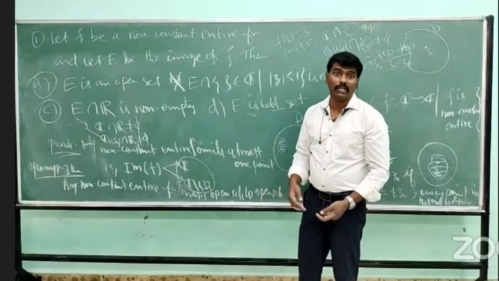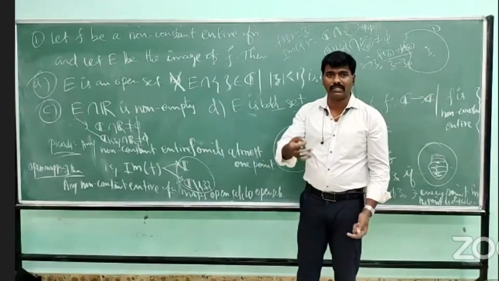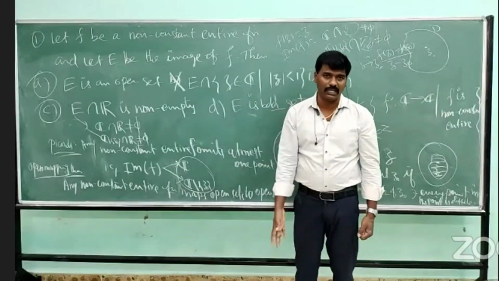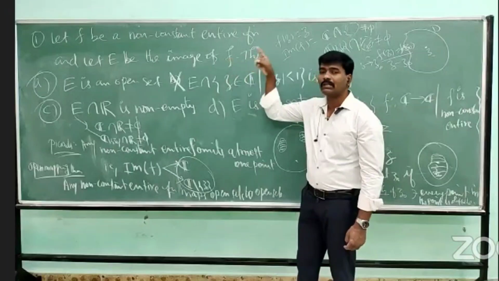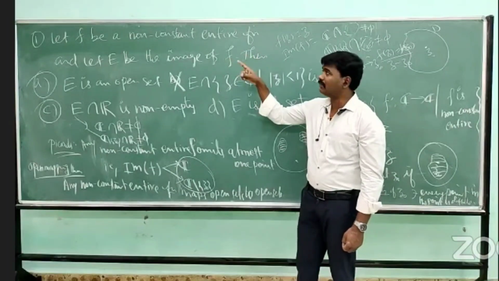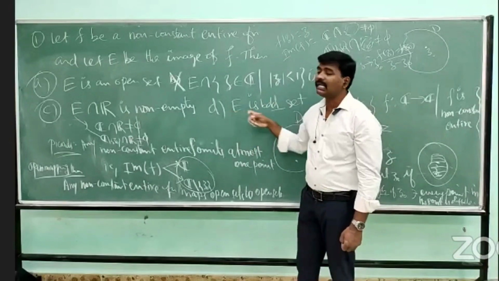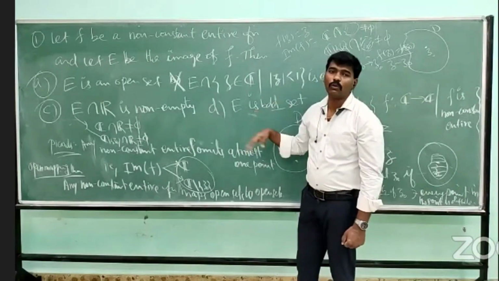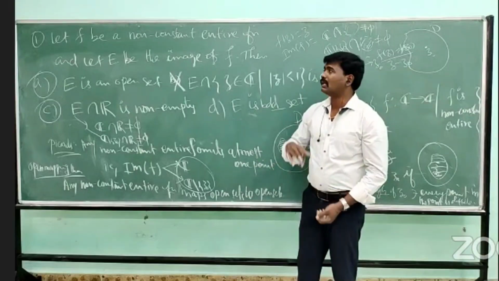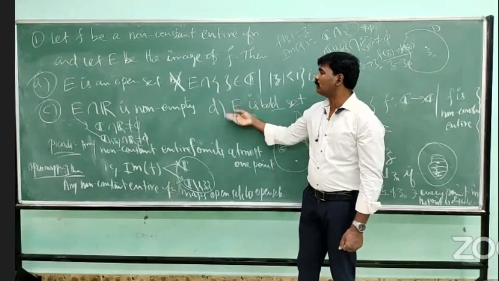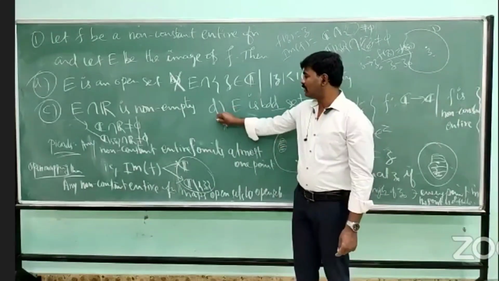I am not saying it; Liouville says that: a bounded entire function reduces to a constant. But our hypothesis is that F is non-constant. Therefore, a non-constant entire function's image could never be bounded. So this option is always false.